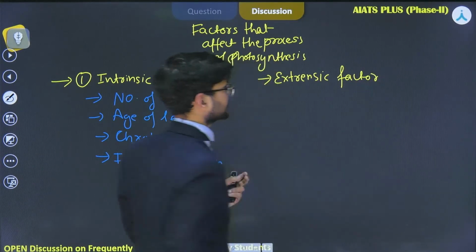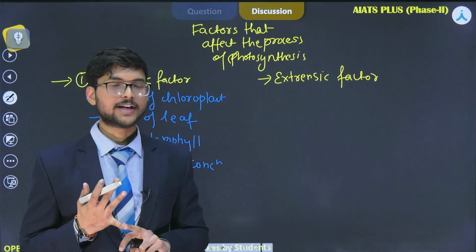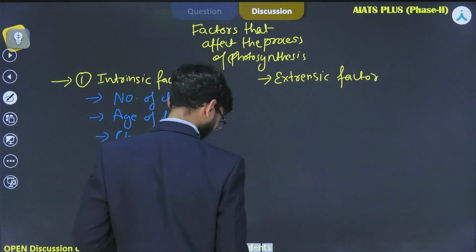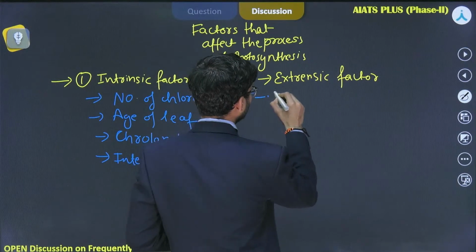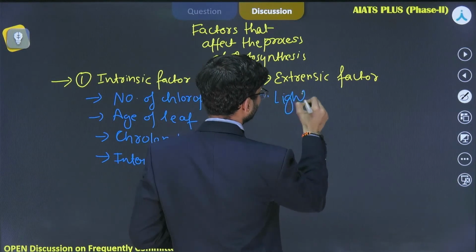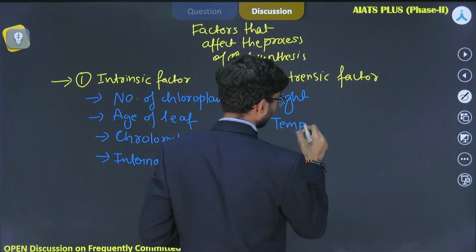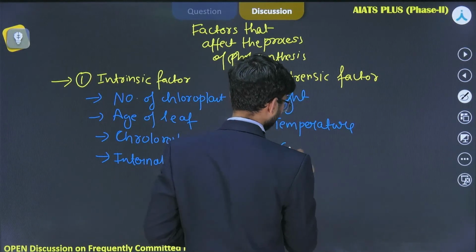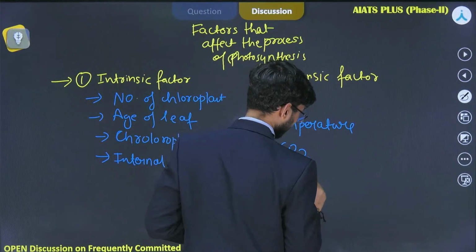Basically the extrinsic factor comprises light, temperature, CO2, atmospheric carbon dioxide, and water.